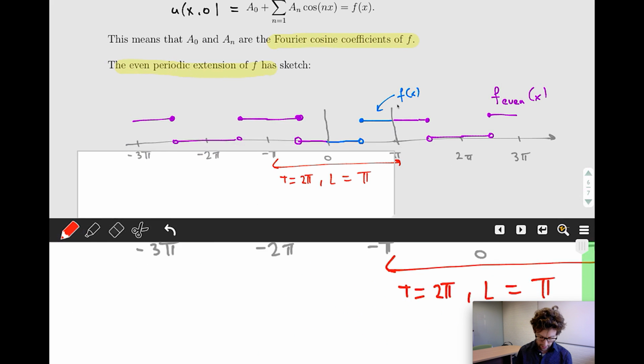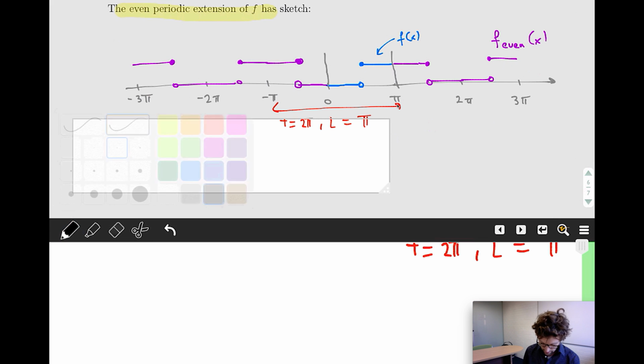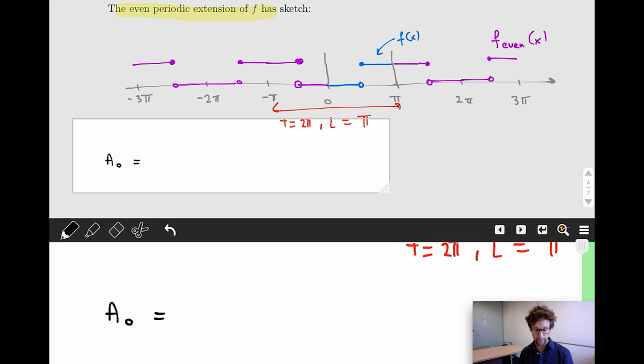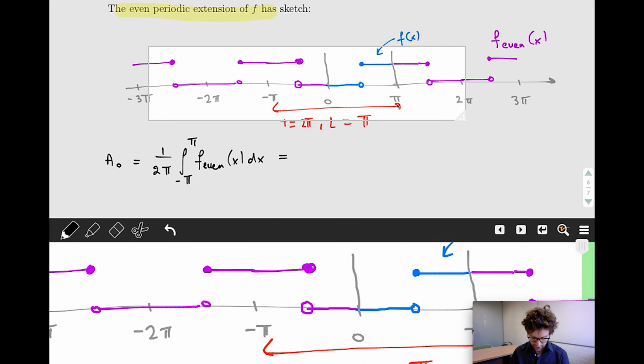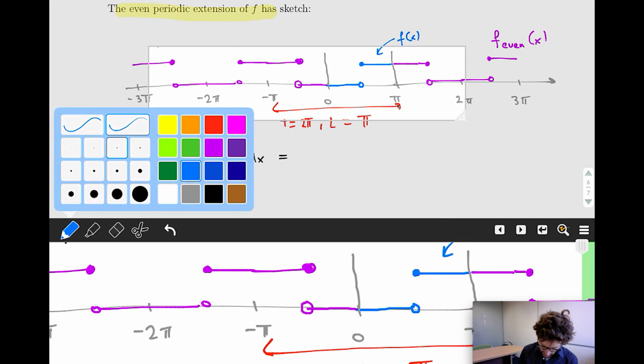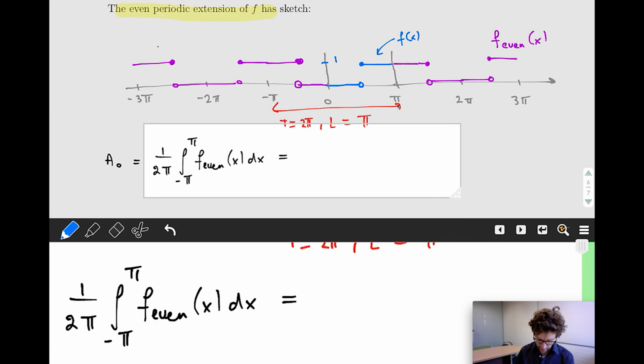And so now I can write down what the coefficients are. a0 is going to be the average value of f of x, so 1 over 2L times the integral from minus L to L of f even dx. And we can see that that's simply going to be a half, because this is a step function between 1 and 0. So it's the average value of that. It'll be equal to a half.